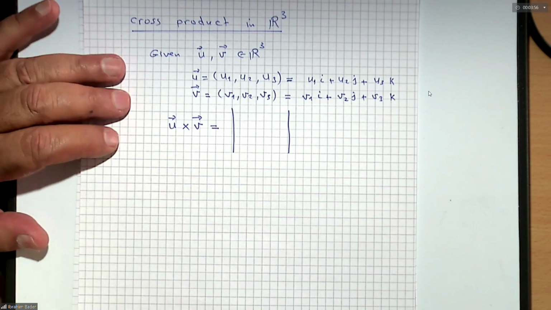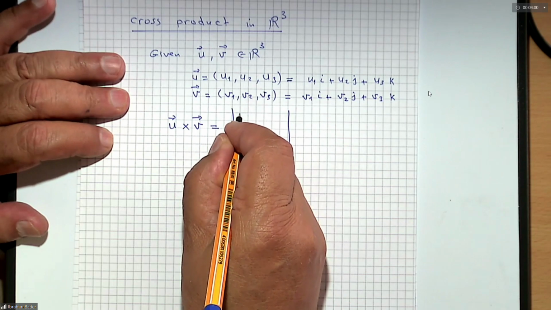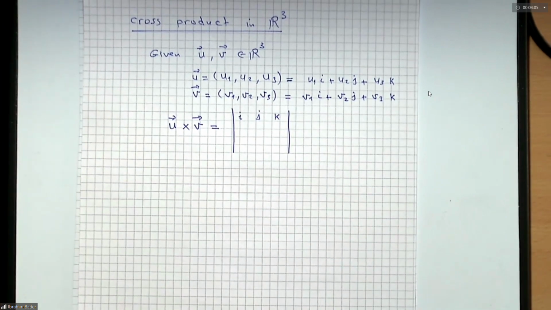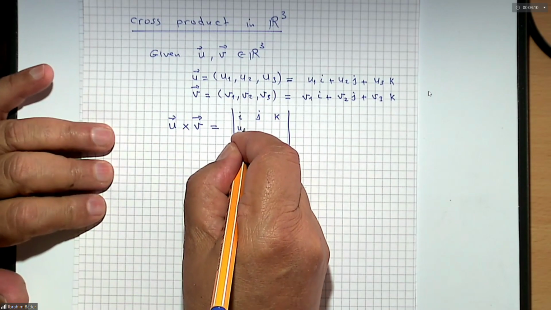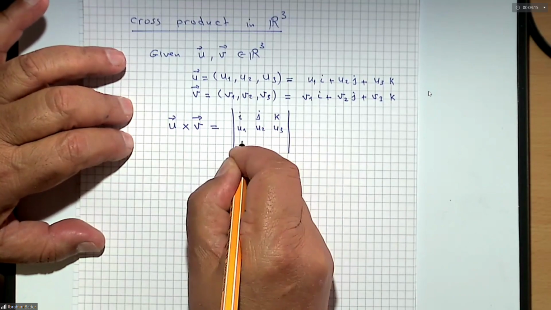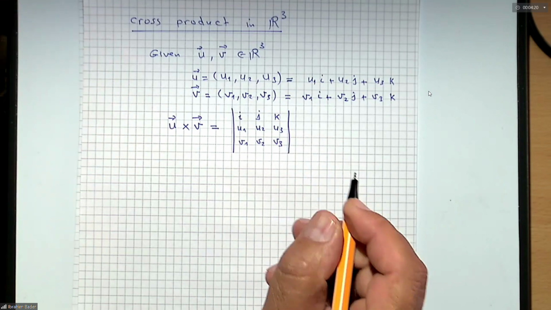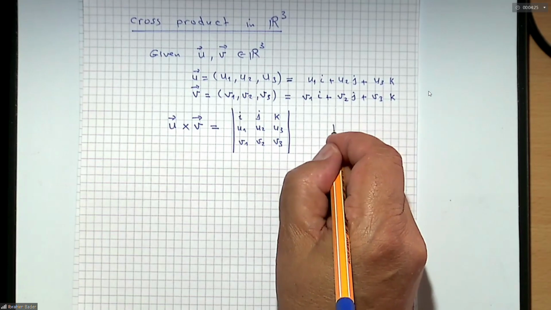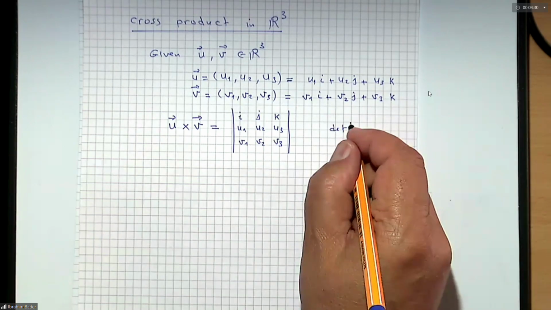Here, in the first row we place the vectors i, j, and k, the unit vectors. In the second row I place the coordinates of vector U, U1, U2, U3, and in the third V1, V2, V3. This is a determinant.